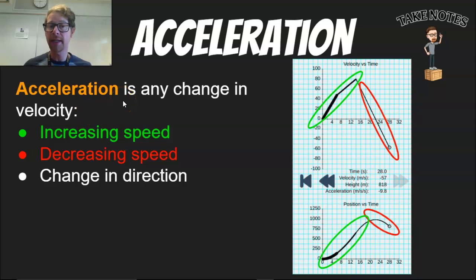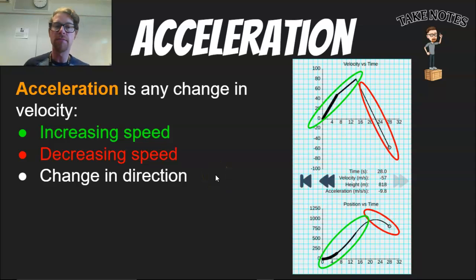Now remember, velocity is change in position over time. Velocity is not simply moving forwards. Velocity is going somewhere. There's a direction involved. So that means acceleration can be increasing speed, decreasing speed, a change in direction, or some combination of those.